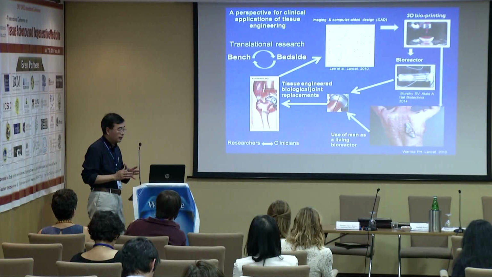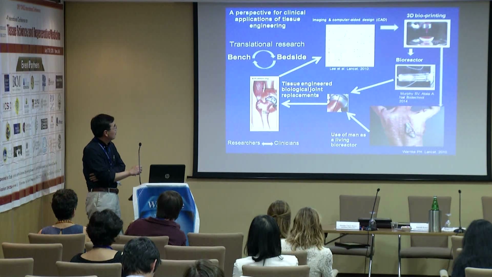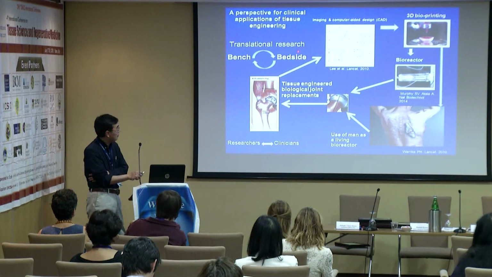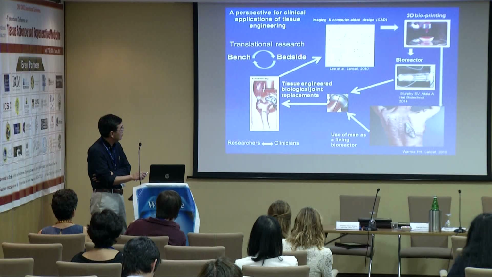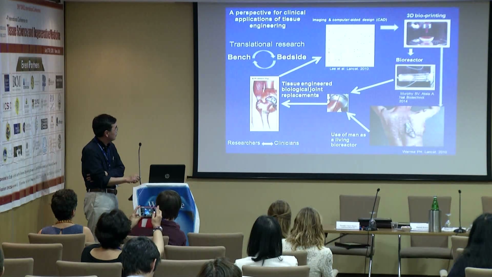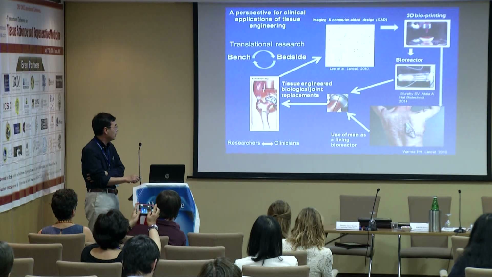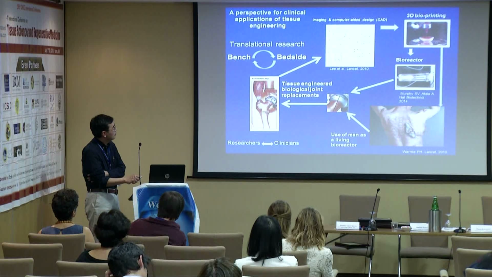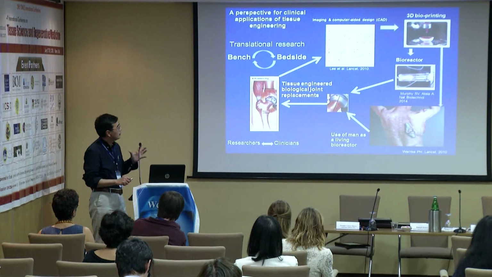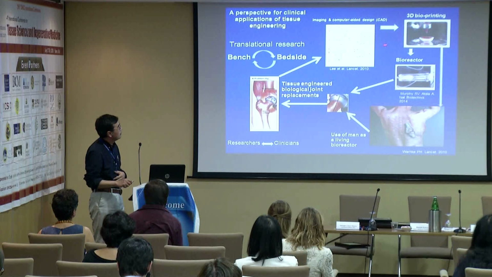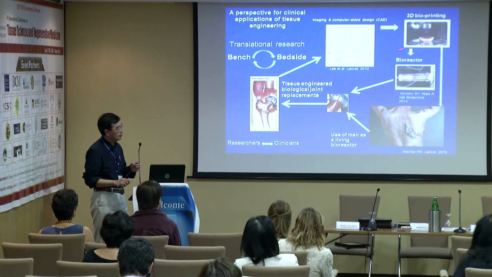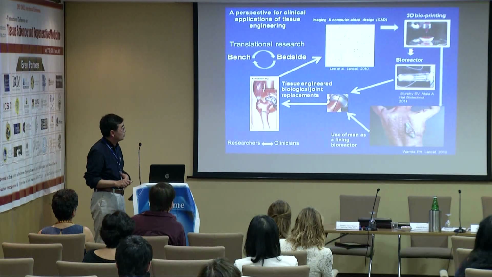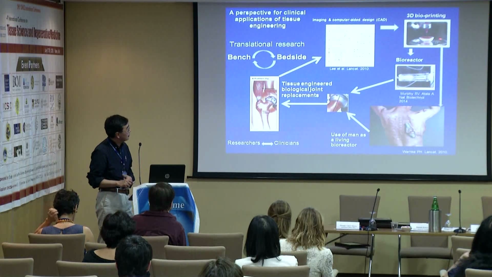In the orthopedic clinic, we really need translational research with bench and bedside interaction. For example, when the clinician finds an OA hip, we can use a computer to measure the hip and design, according to the size of the hip, this type of scaffold. Then we use 3D bioprinting with the scaffold material and the MSCs, and a tissue engineering device.